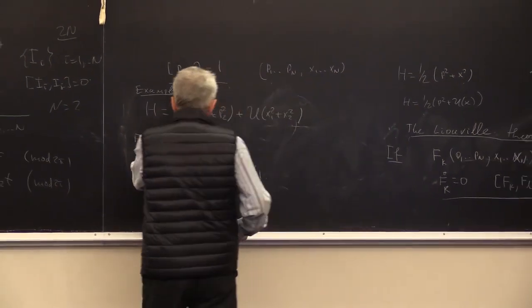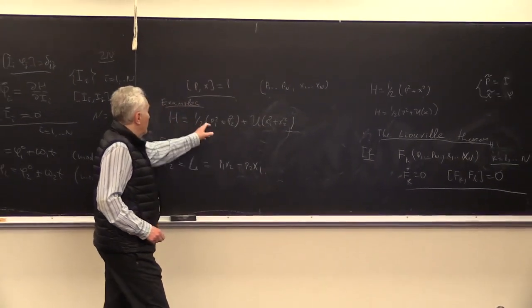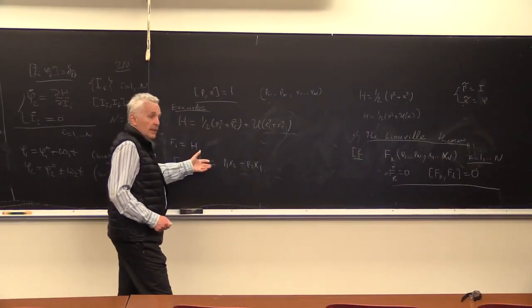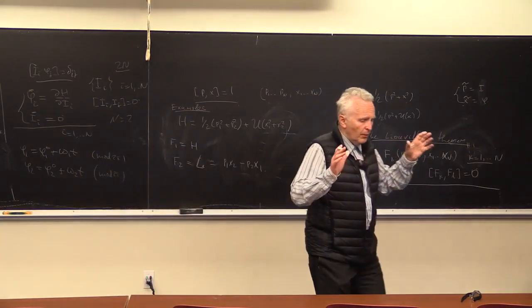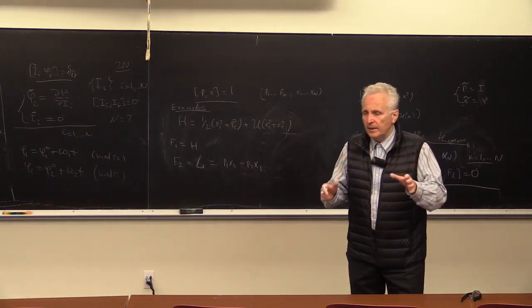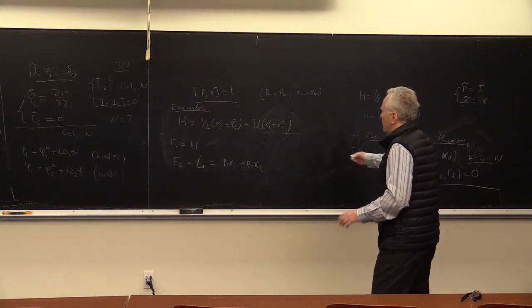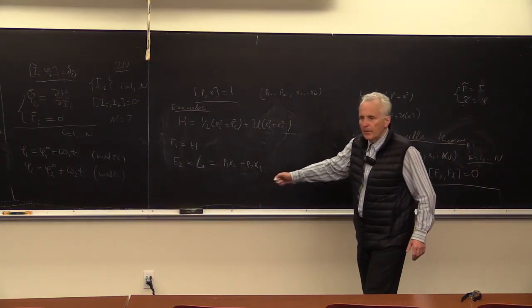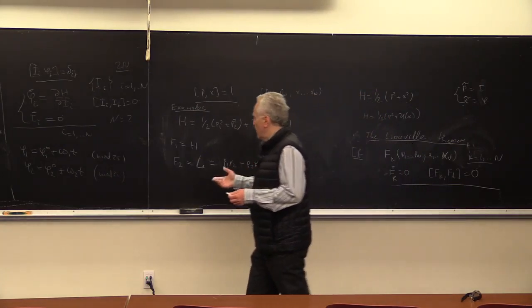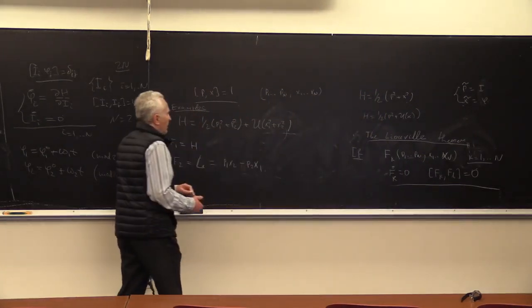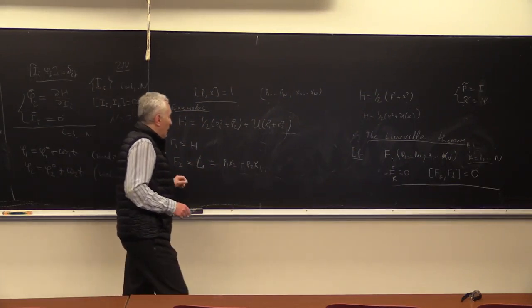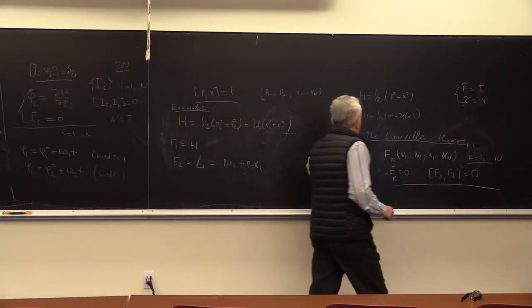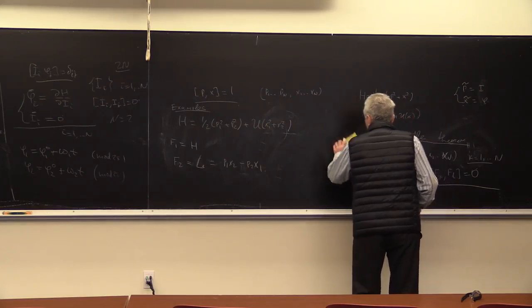You can just commute it with the Hamiltonian and see that it is conserved. The rules of the game are well defined and simple. You just calculate the Poisson brackets, and you find that it commutes with the Hamiltonian, as we already discussed last time.